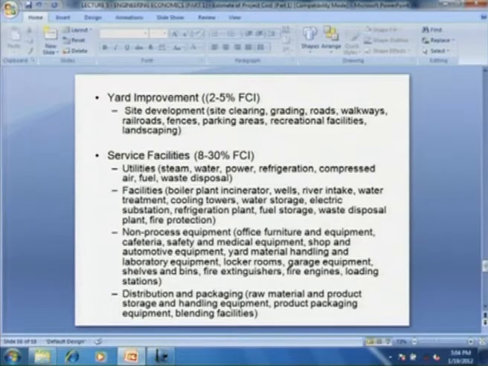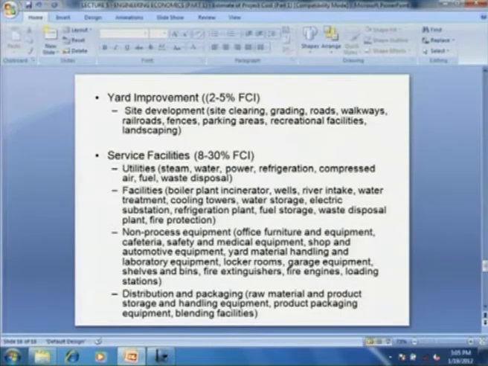Then comes the service facilities. These count to about 8 to 30% of fixed capital investment. The utilities such as steam, power, refrigeration, compressed air, fuel, waste disposal, so on and so forth. Then additional facilities such as boiler plant, incinerator, wells, river intake, water treatment, cooling waters, water storage, electric substation, refrigeration plant, fuel storage tanks, then waste disposal plant, and then fire protection equipment.